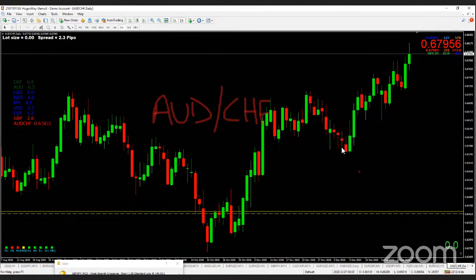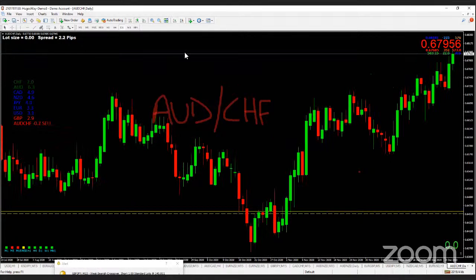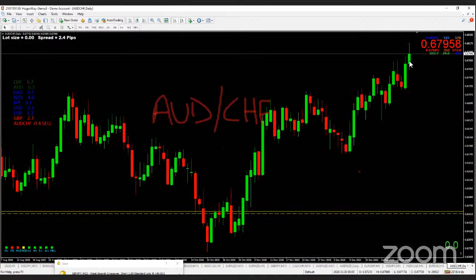Yes, it pulled back, only to continue on its upward journey. So we do see here that the Aussie dollar has been the stronger of the two. But nevertheless, at least today, as of now, they are currently equally matched.